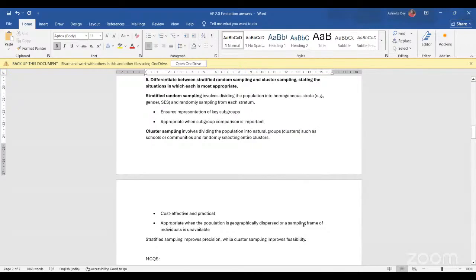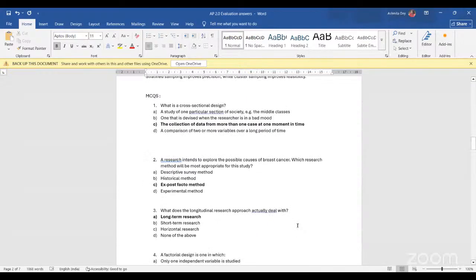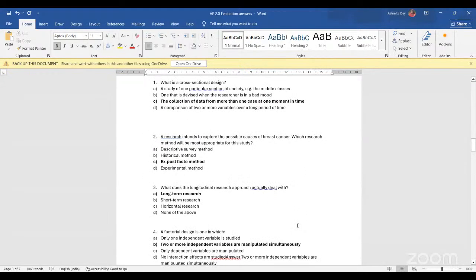I don't think much explanation of the MCQ answers is required. If you have any doubt, please let me know. But for now, I'll just show the answers and the correct option for them. The highlighted ones are the correct option, okay? And please let me know when I should scroll.